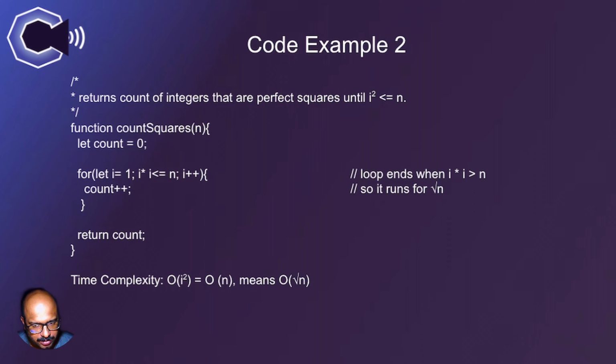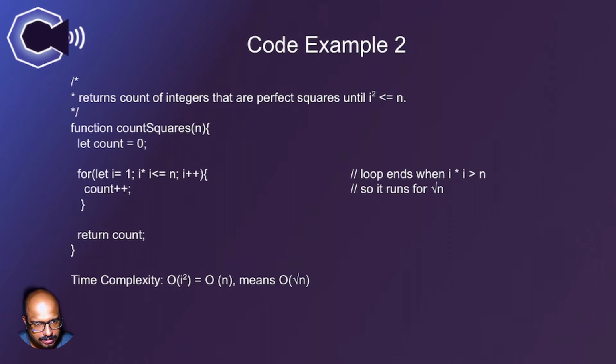As we saw in the previous example, here also the iterator increases in quadratic time. So O of i square will be equal to O of n, meaning the time complexity with respect to the input size n will be O of square root of n. So it's similar to code example 1.